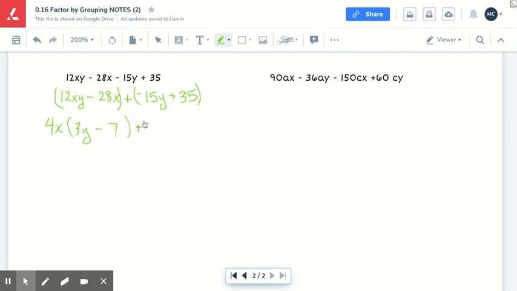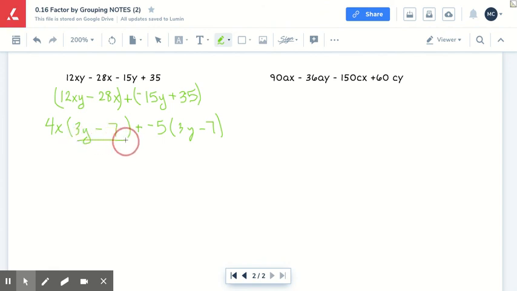My second grouping, 15 and 35 have a 5 in common, so I'd be taking out a negative 5 since the first term of this binomial is negative. When I divide negative 15y by negative 5, I would get 3y. And 35 divided by negative 5 would be negative 7.